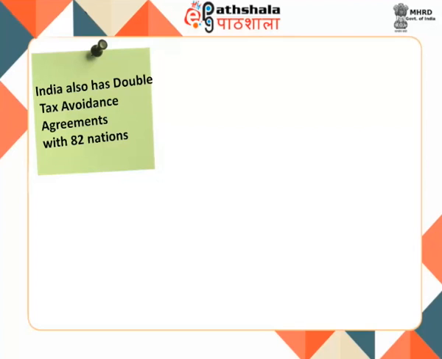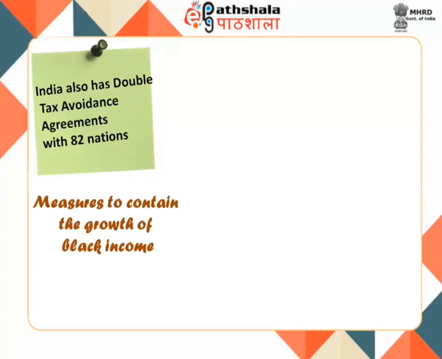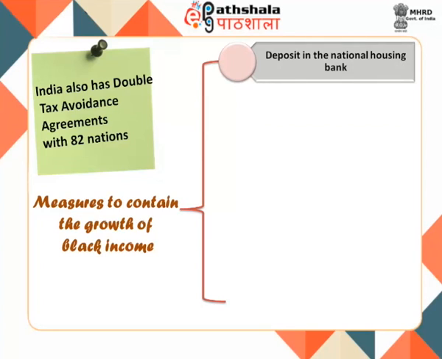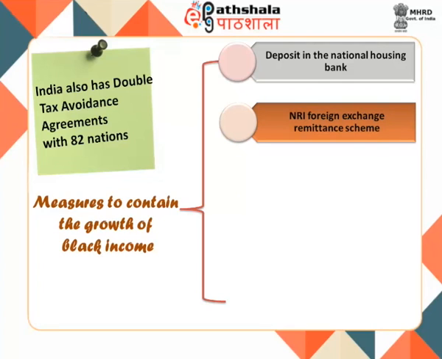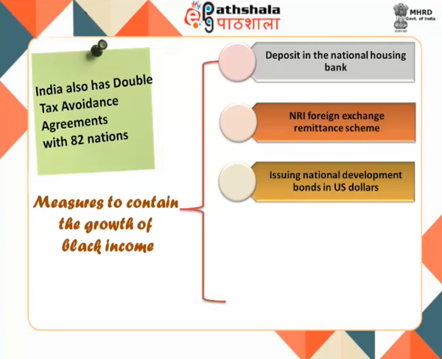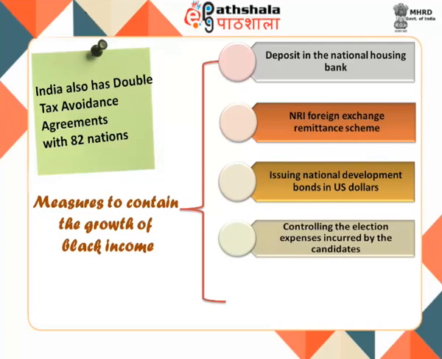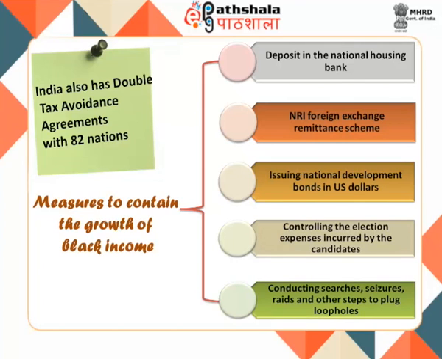The government has also introduced measures to contain the growth of black income in the country, such as deposit in the National Housing Bank, NRI Foreign Exchange Remittance Scheme, issuing national development bonds in US dollars, controlling the election expenses incurred by the candidates, conducting searches, seizures, raids, and other steps to plug loopholes in the tax administration.